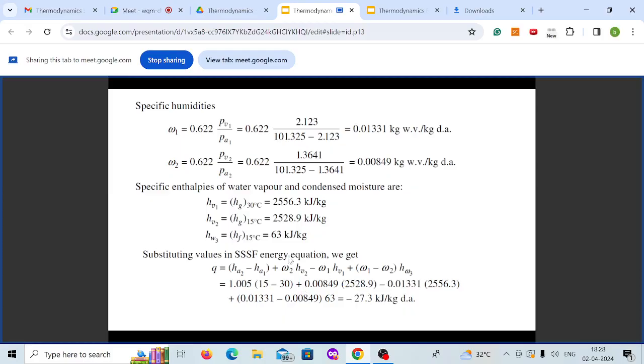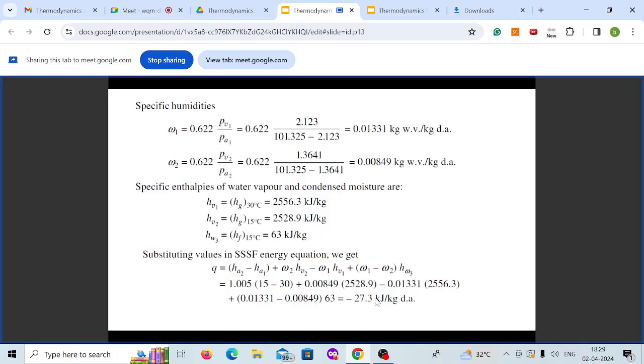So now you can substitute this in the energy equation to find out Q, the amount of heat which has been removed. HA2 and HA1 can be calculated using Cp delta T. You know Cp of air is 1.005 and delta T is 15 minus 30, and substituting the omega values we'll find that Q is minus 27.3 kilojoule per kg of dry air.